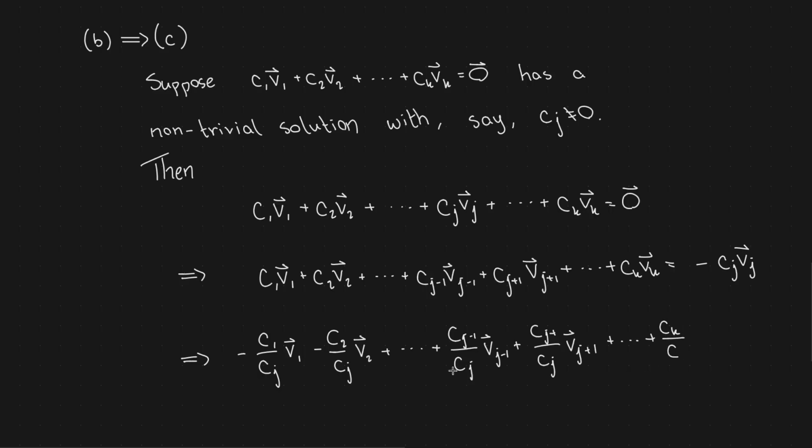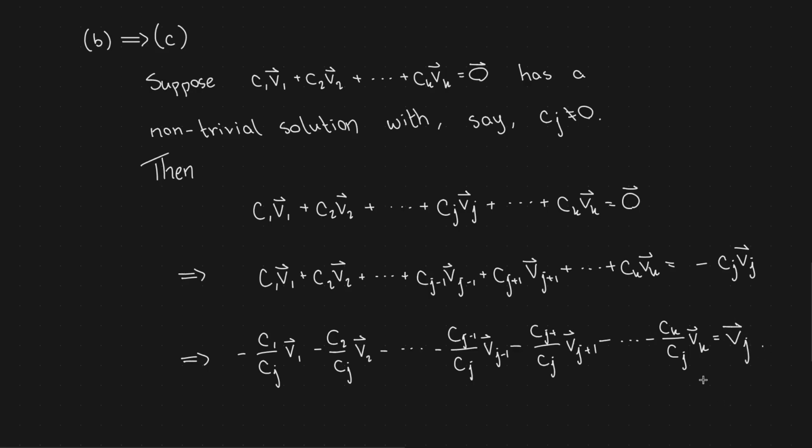I'm sorry, minus. I should be subtracting. I'm dividing by negative Cj. So all these should be minuses. So negative Ck over Cj Vk, that's going to be equal to Vj.